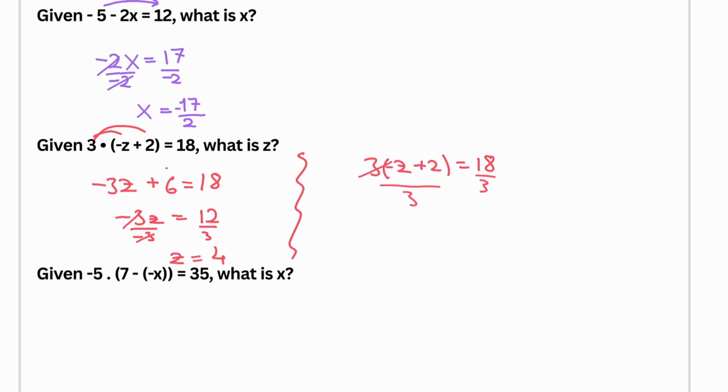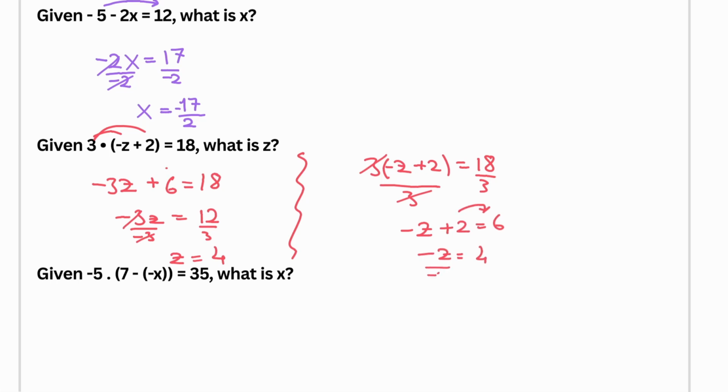So we can simplify 3, and 18 divided by 3 is 6. It's going to leave us with negative z plus 2 equals 6. Send the 2 here. On the other side, negative z equals 4.